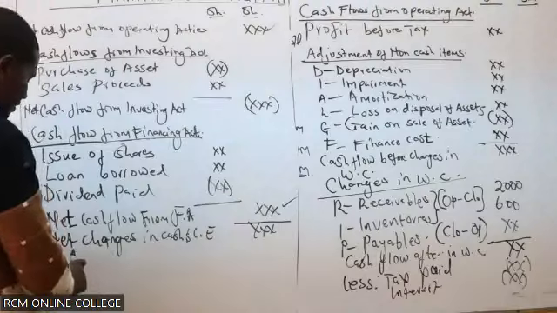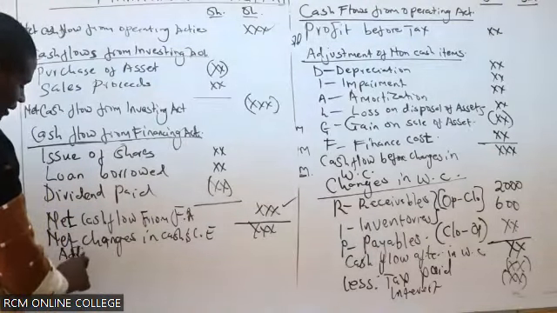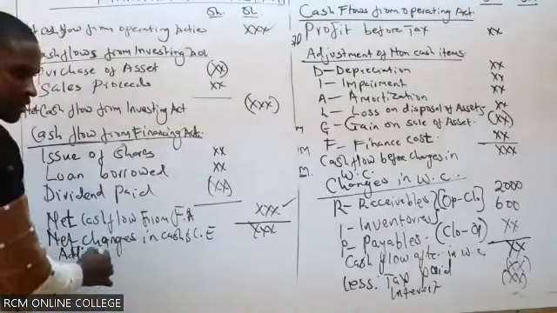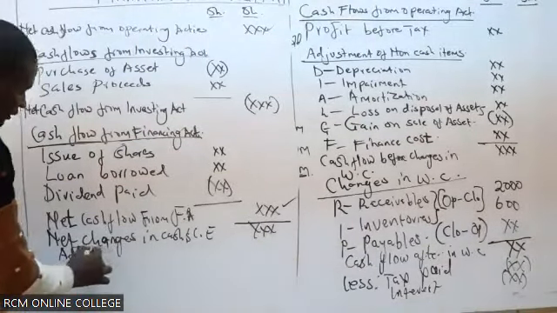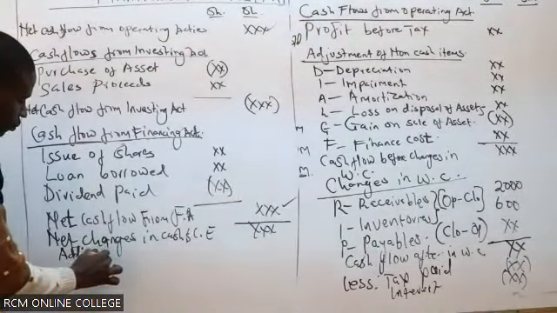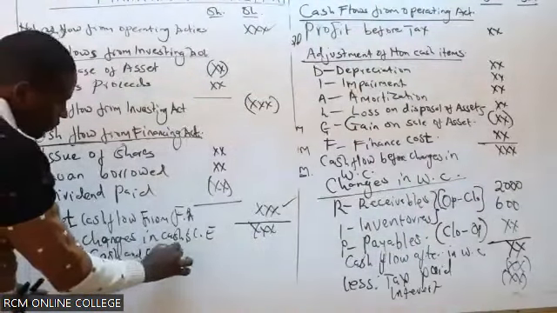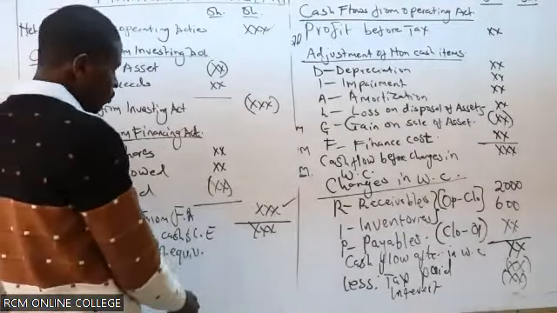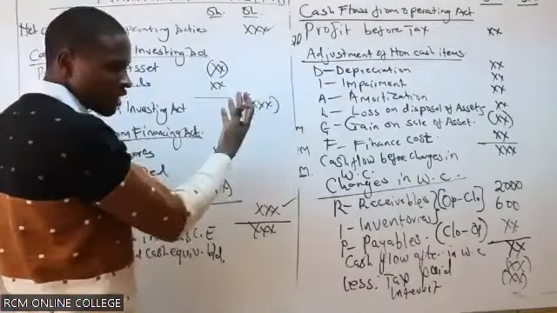Now, the last thing here is we add cash and cash equivalent brought down. So kwa ile miaka yetu brought down iko wapi?